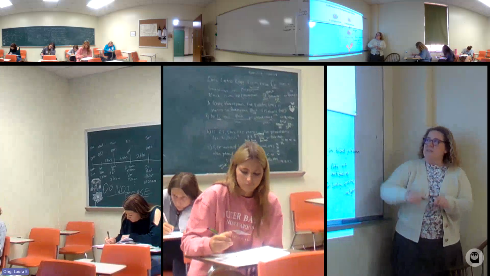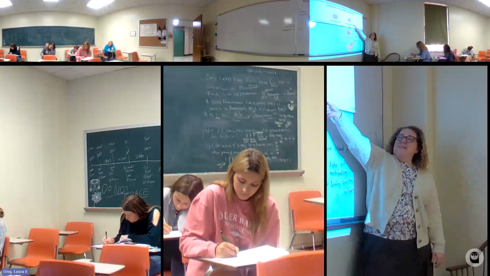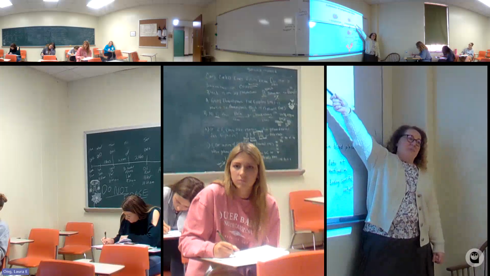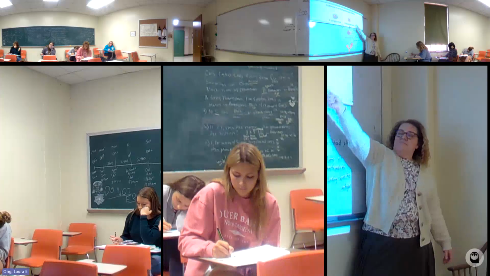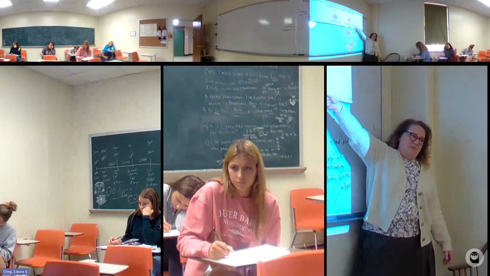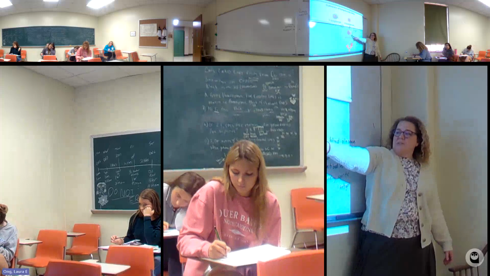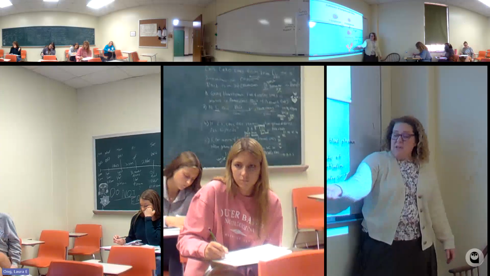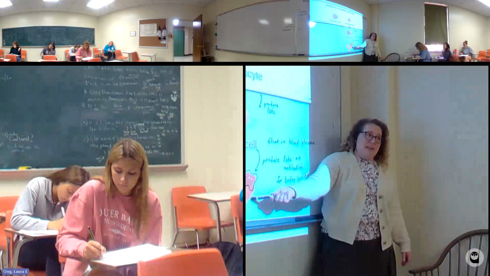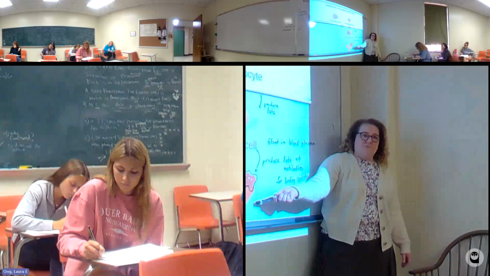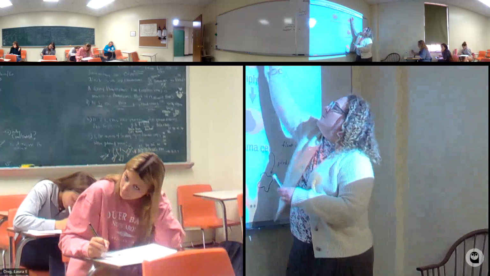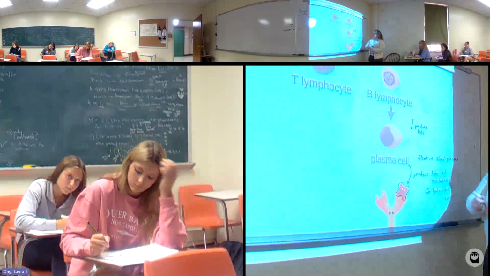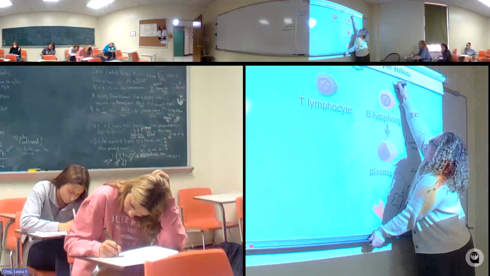So if this was Madison Blair and brown pouch came in her vicinity, we would get thousands of Madison Blairs, and they would make thousands of plasma cells, which would be making millions, if not billions, of antibodies that bind brown pouch. And maybe something that would help with that is if I try to draw this dude up here.